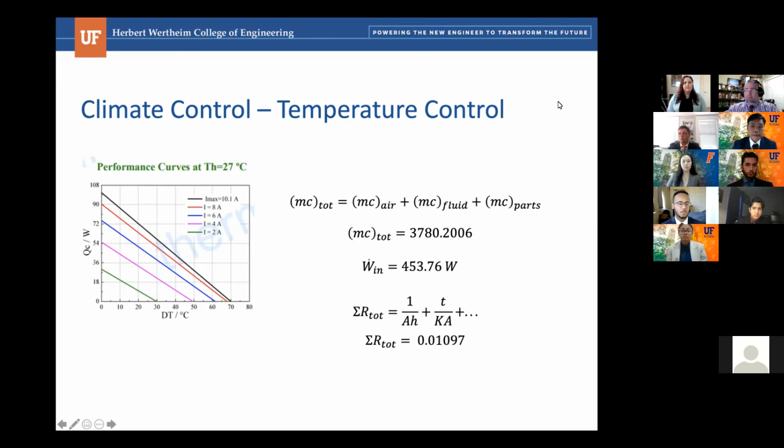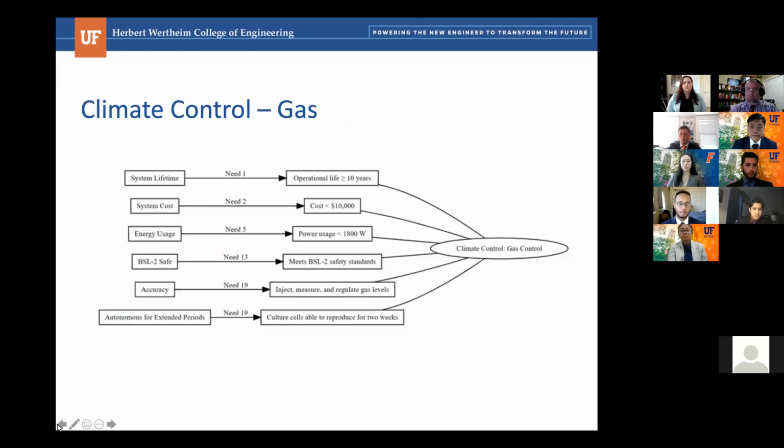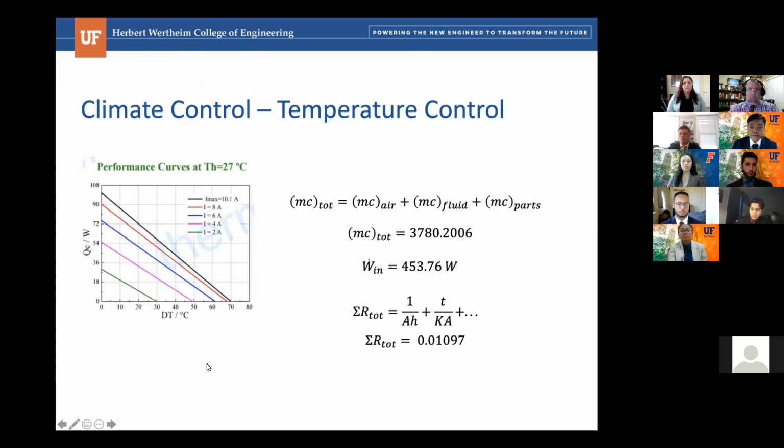And the work generated by the NEMA 17 stepper motors for the plate shaker, as well as the measurement system, was calculated as 453.76 watts.